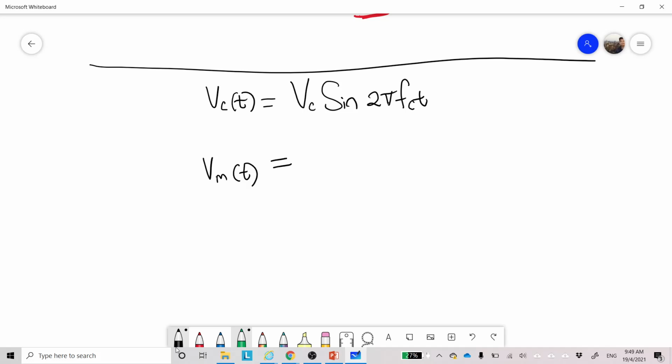Okay, so when we derive the AM equations, VAMT, we derive based on the envelope equations. Remember, the envelope equation is VC plus VMT multiplied with sine 2 pi FCT. Okay, so from here, you see that I can make a big bracket here.